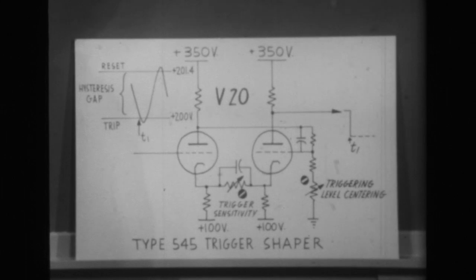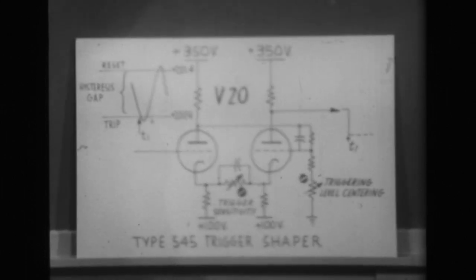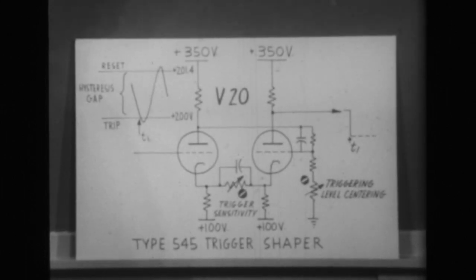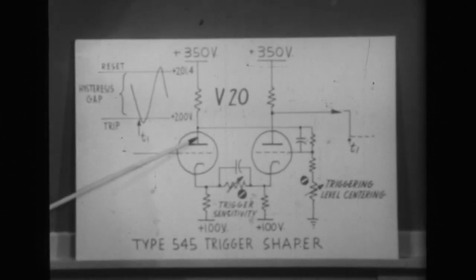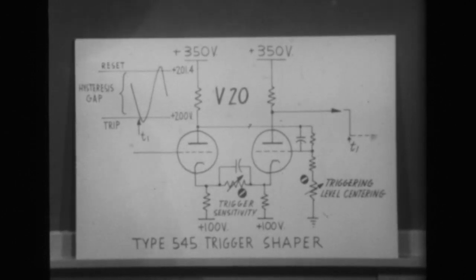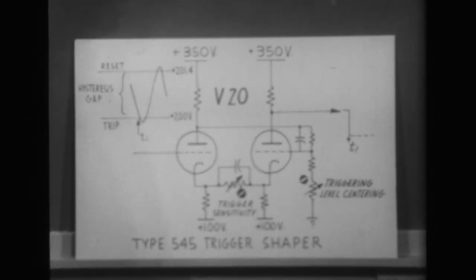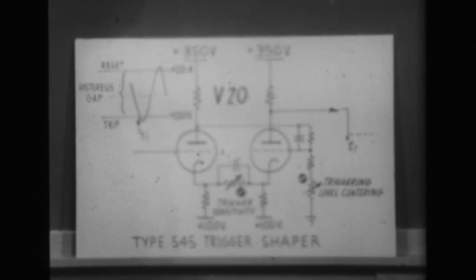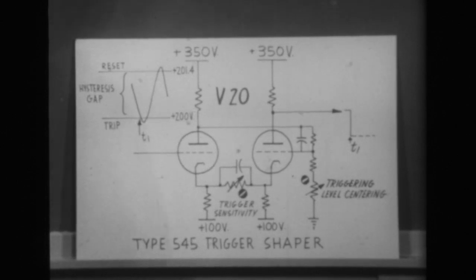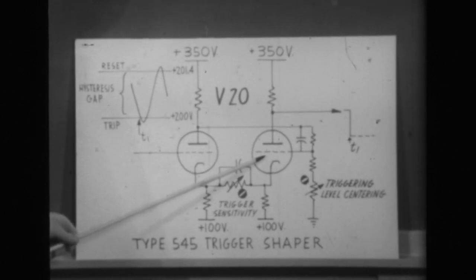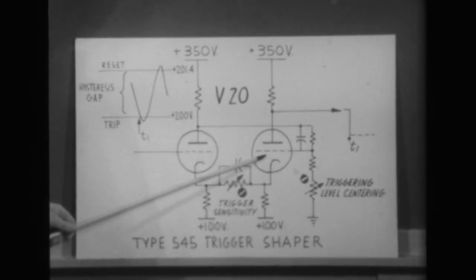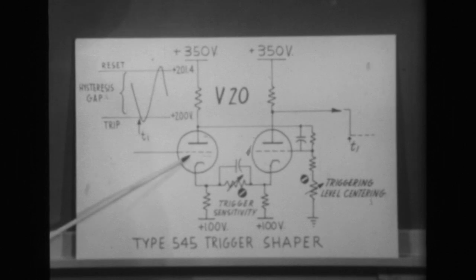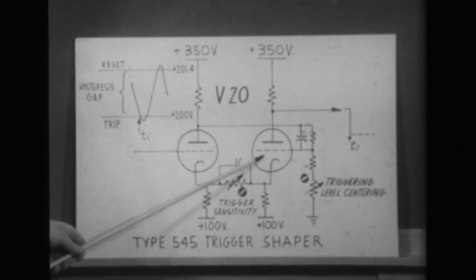First of all, how do we get amplitude level selection? Well, in a 535-545 oscilloscope trigger system, we use a bistable multivibrator consisting of two triodes. It's labeled V20 in your schematics. A bistable multivibrator is characterized by having two stable states, one in which the left-hand tube is conducting and the right-hand tube is cut off, and the other stable state where the left-hand tube is cut off and the right-hand tube is conducting.